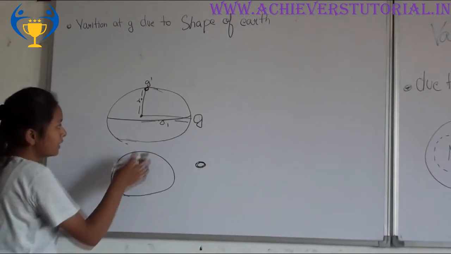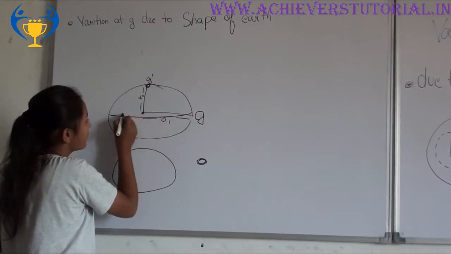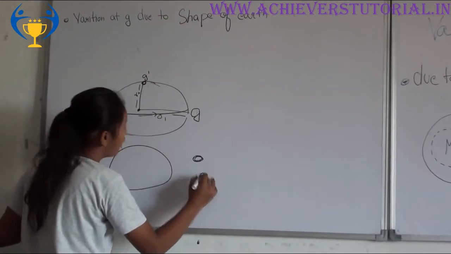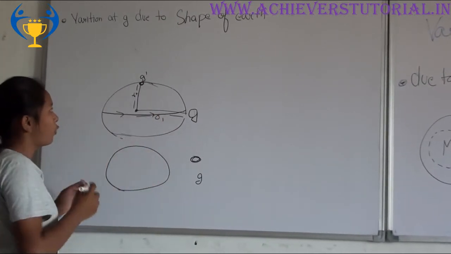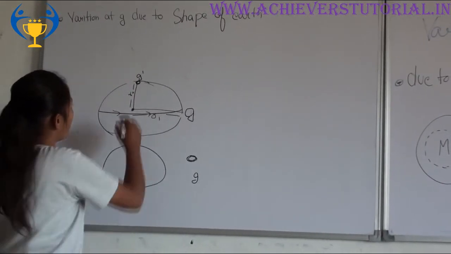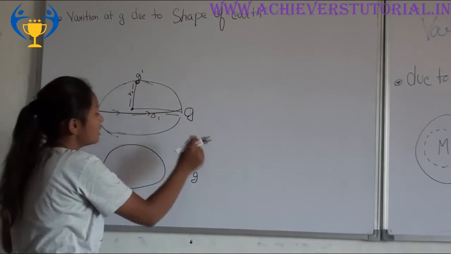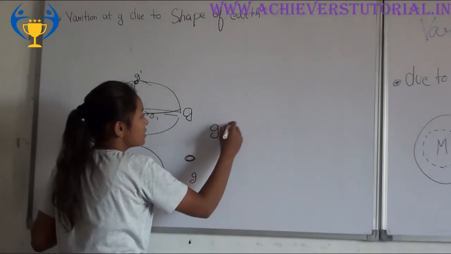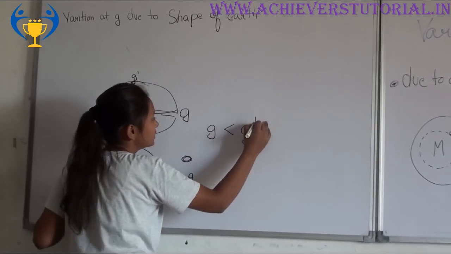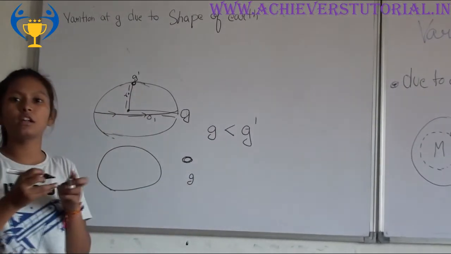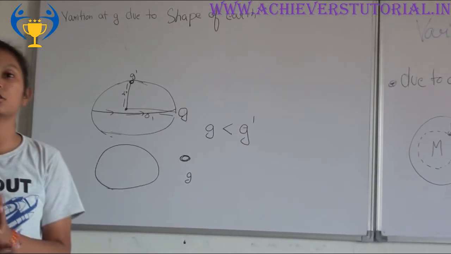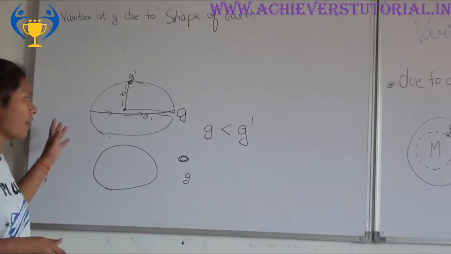The great centrifugal force decreases the value of g at the equator, while there is negligible centrifugal force at the poles. So the g at the poles does not decrease. Thus, the g at the equator is smaller than g at the poles. These are the four variations due to which g has different values.